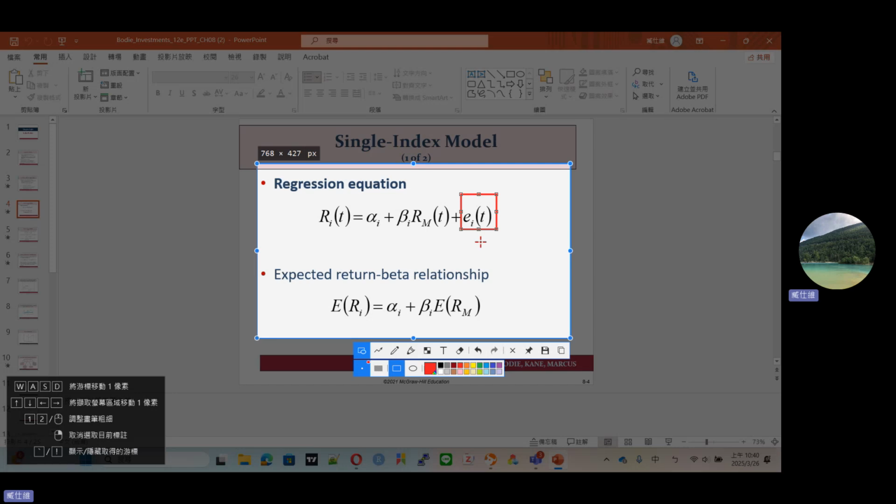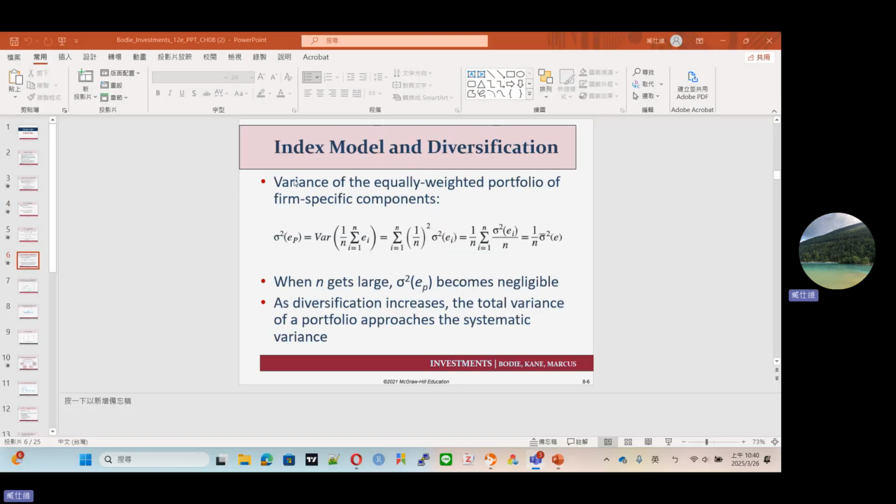So finally this term can be negligible, and all we need to pay attention to is this term only. This is why we have an equation explaining that if n gets large, this variance becomes negligible.